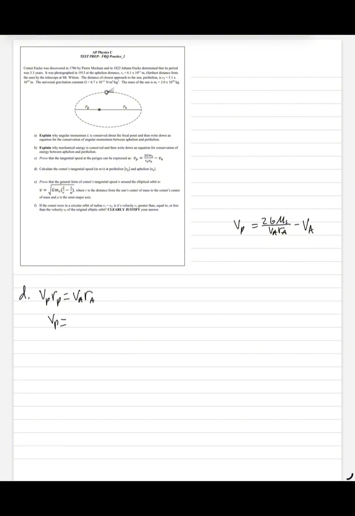So I'm going to isolate for V P. R A is 6.1 times 10 to the power of 11, and R P is 5.1 times 10 to the power of 10. So that would give me 11.96 V A is equal to V P.